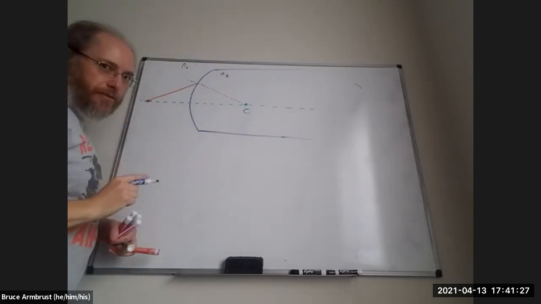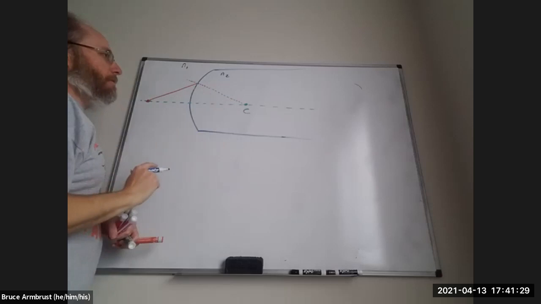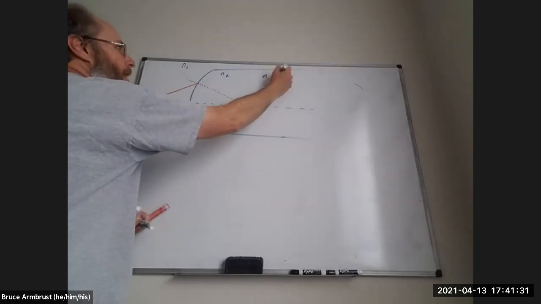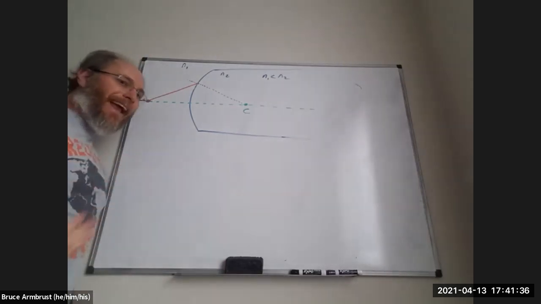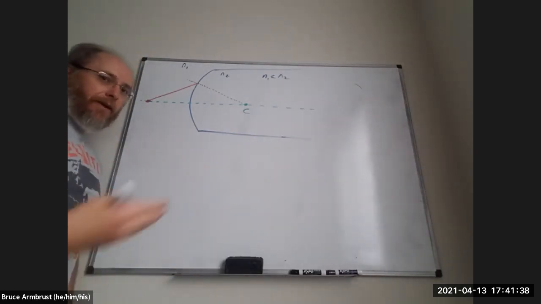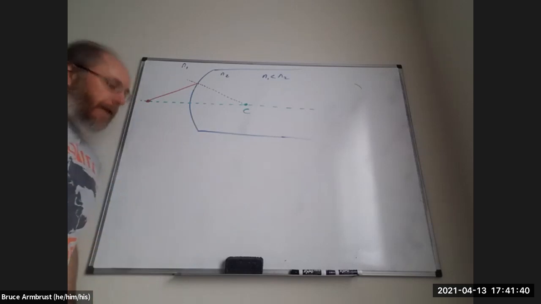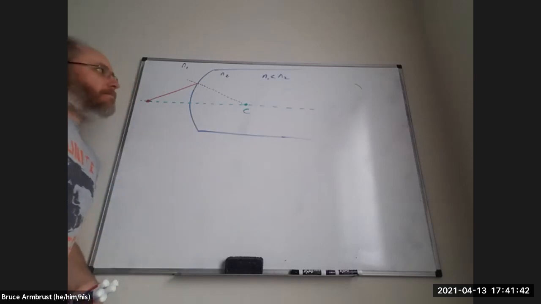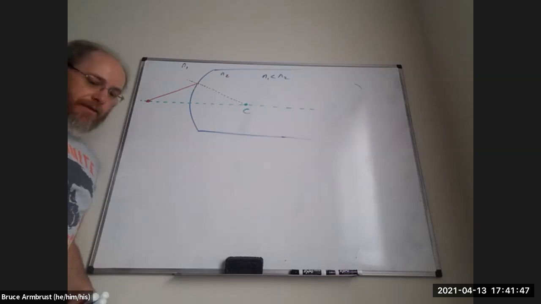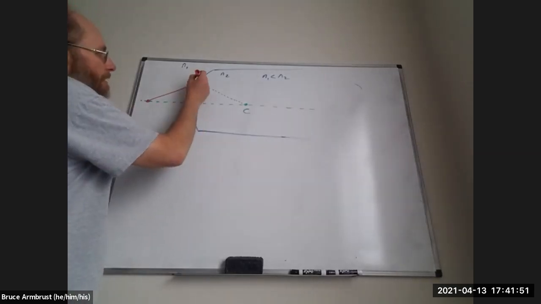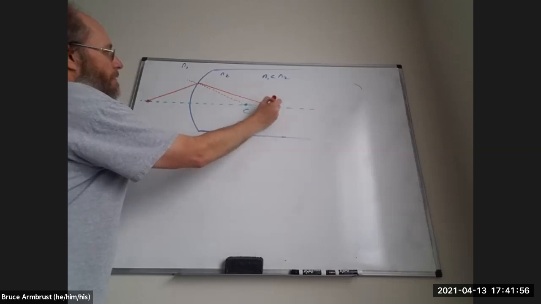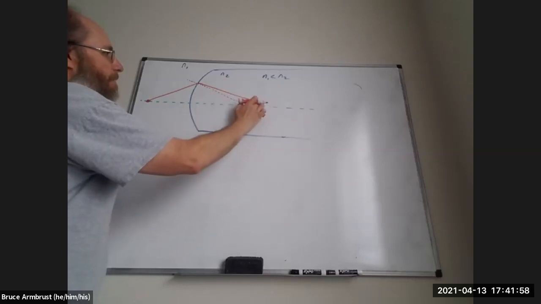All right, so we're starting at 1 and we're going to 2. And let's go with that N2 is bigger than N1. So we're going from air to glass, air to ice, something like that. Okay, so if we go to bigger N, that means we need a smaller angle. So it has to bend towards the perpendicular. So it's going to do something like that.